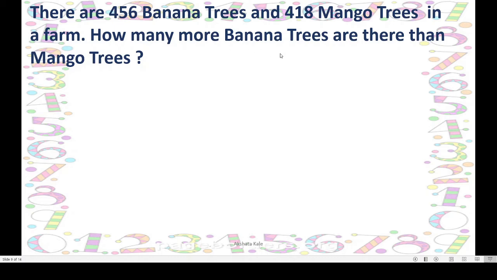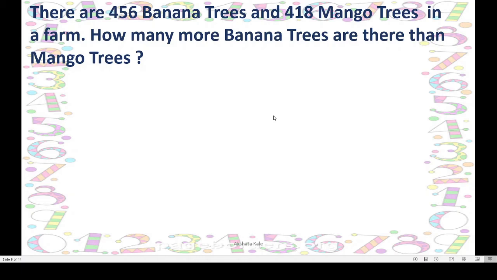There are two types of trees, that is banana trees and mango trees. The numbers are given here. Right? Now what to find out here? How many more banana trees are there than mango trees? You know that the number of banana trees is more than the number of mango trees, isn't it?